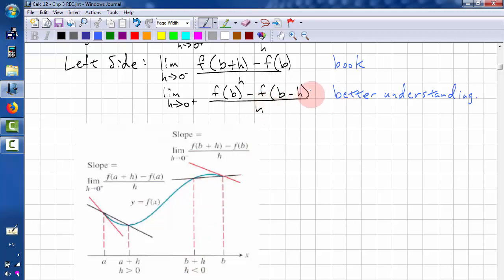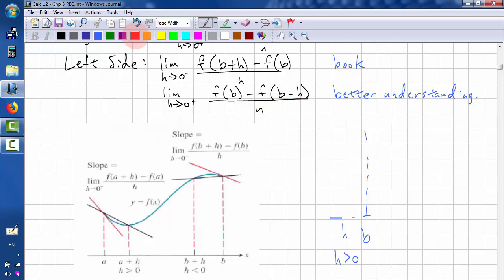Okay, if we do it this way, we have b, we have h here, h is greater than 0, and we're subtracting h. So some people find this easier to understand.